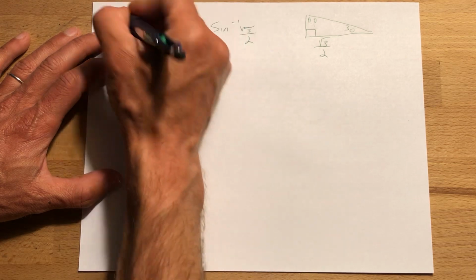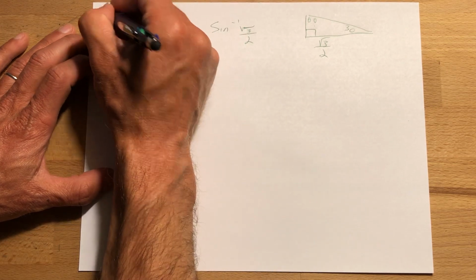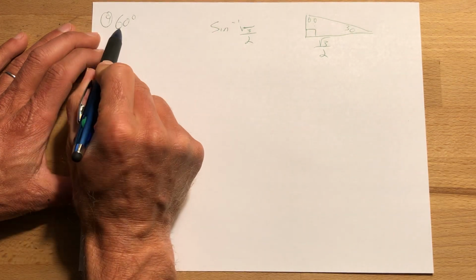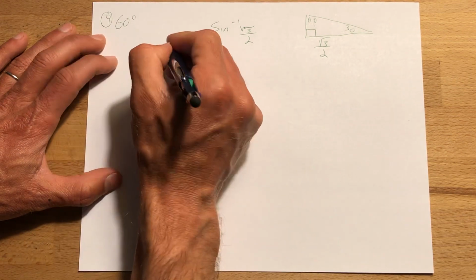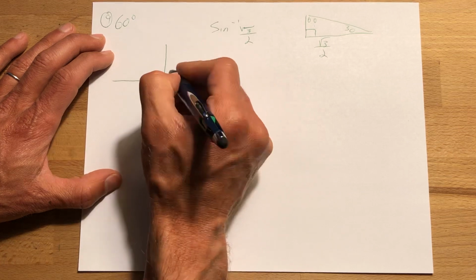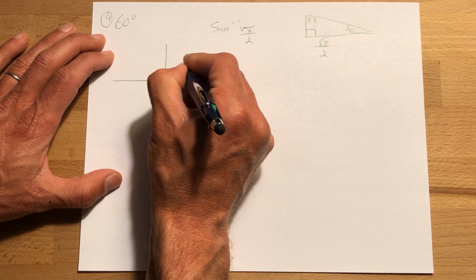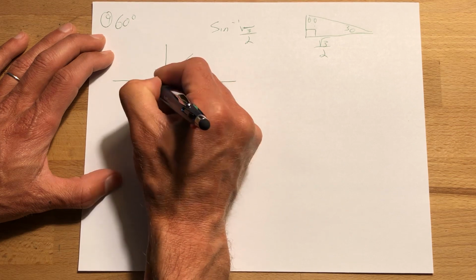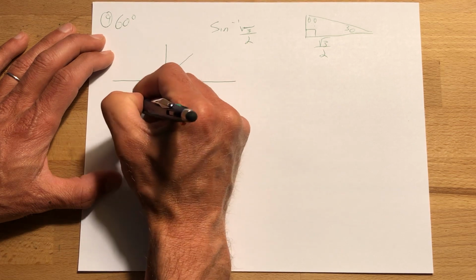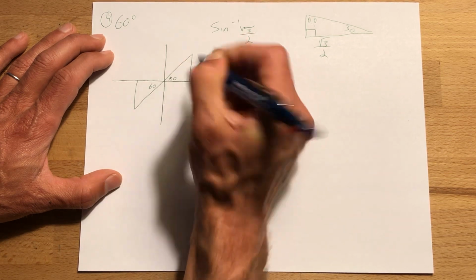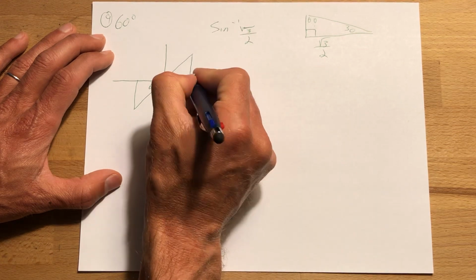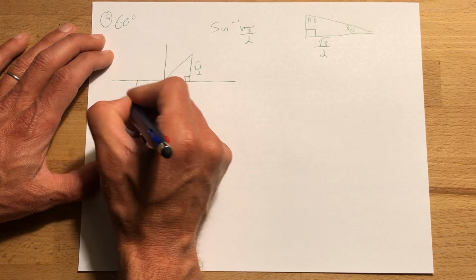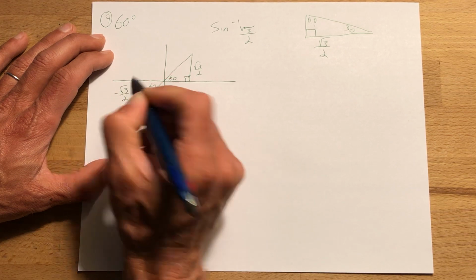So 60 degrees is my answer, but that's incorrect because this is your reference angle. So if I were to draw, this is 60, this is 60, and here's my right triangle. This is root 3 over 2. This is negative root 3 over 2.